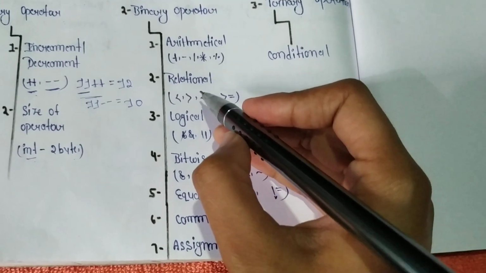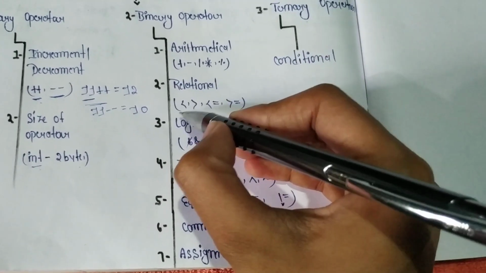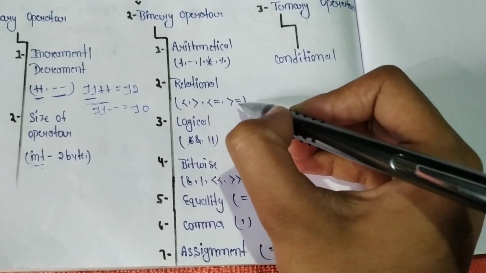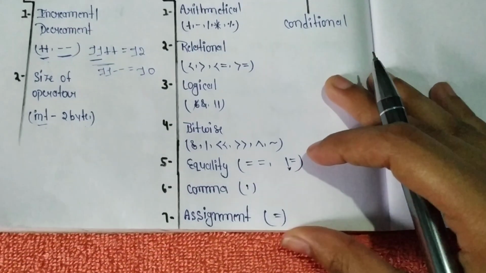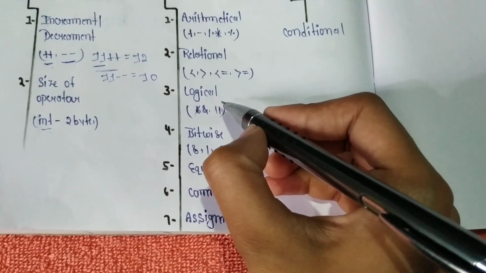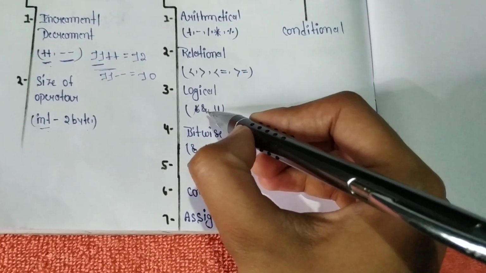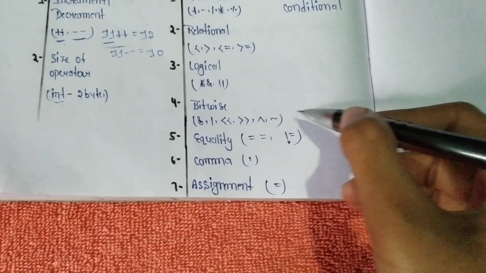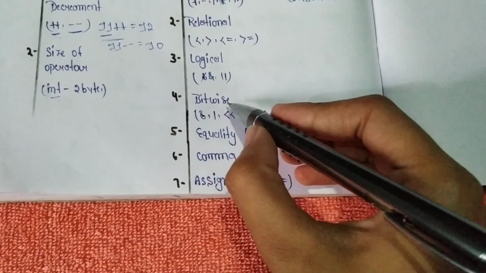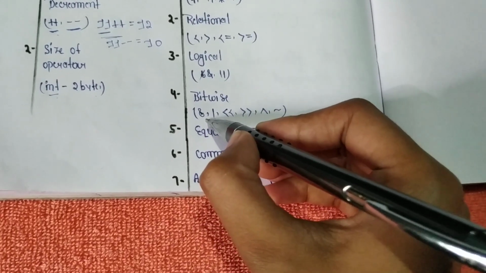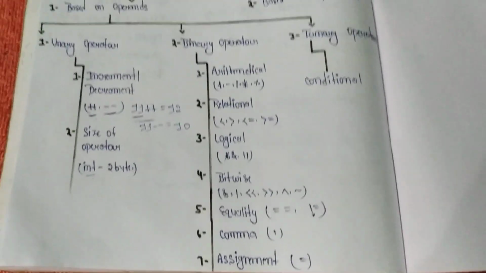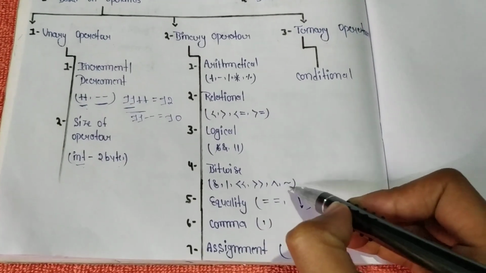In relational operators we include less than, greater than, less than or equal to, and greater than or equal to. In logical operators we include logical and, logical or. Next, bitwise operators: bitwise and, bitwise or, left shift, right shift, caret or bitwise XOR, and bitwise NOT.